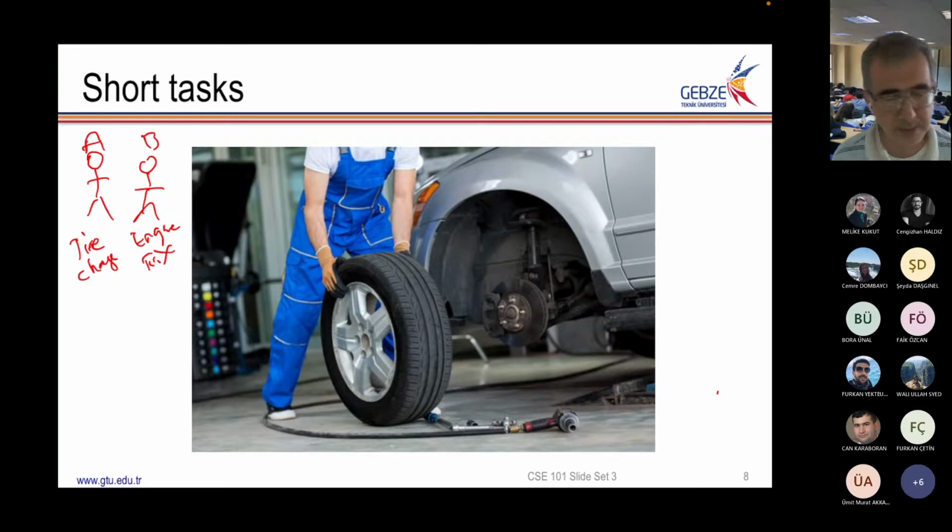Customer A and customer B have these tasks, and customer A has a 5 minute job, the engine fix is a 5 hour job.